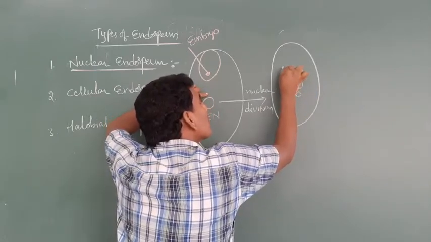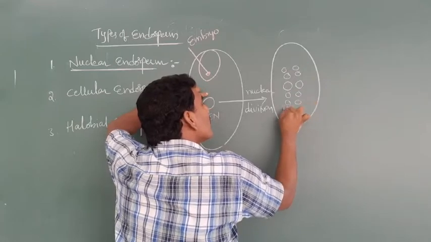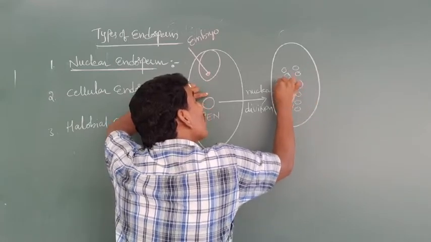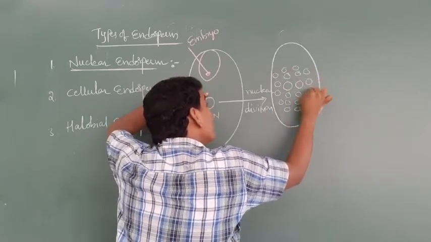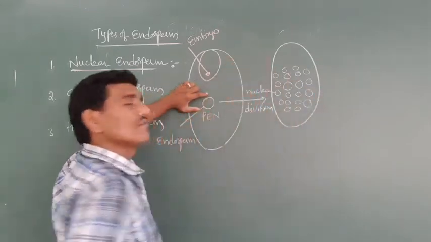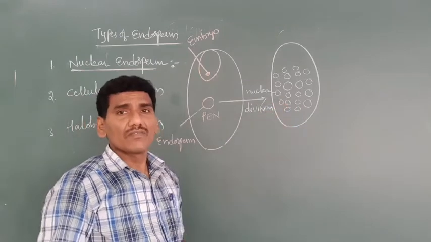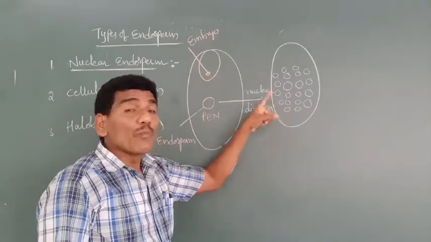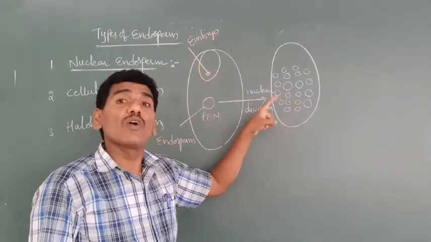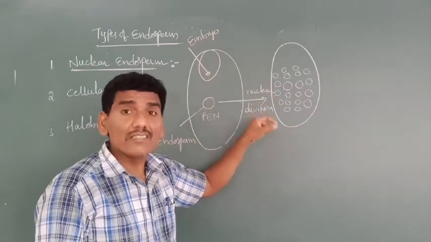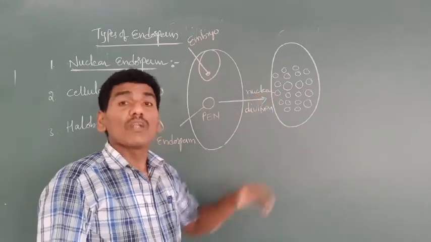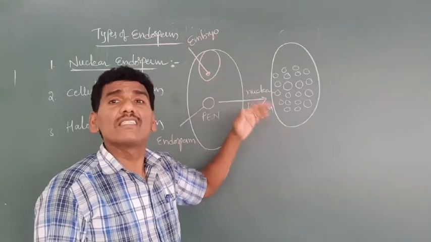From those four, eight nuclei are formed. In this way, many nuclei are formed inside the embryo sac. Here, one important point is that karyokinesis mainly occurs, but is not followed by cytokinesis.